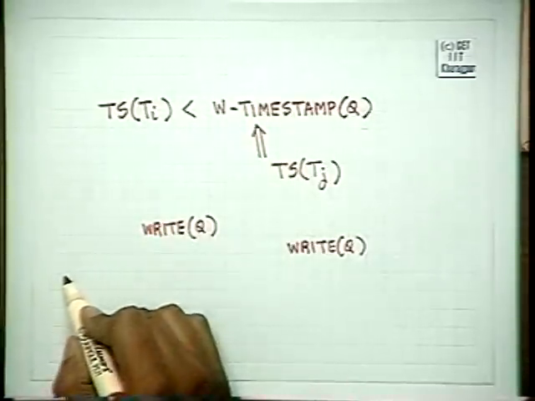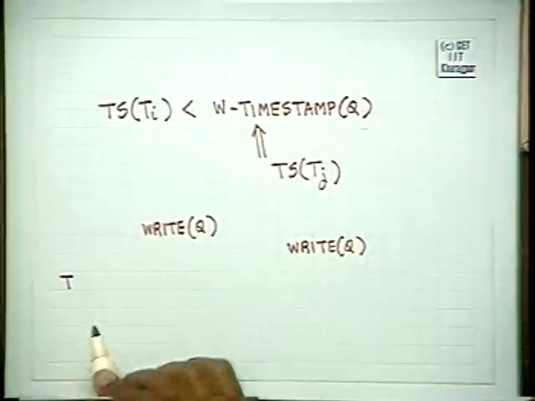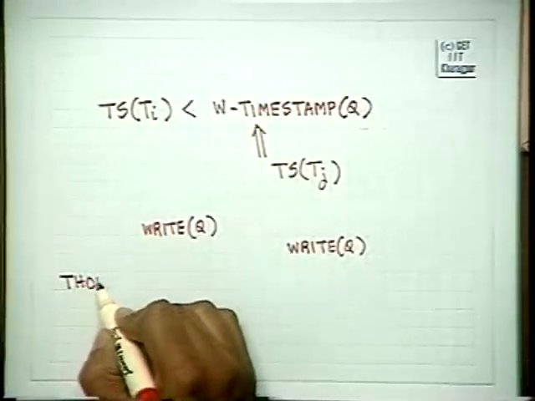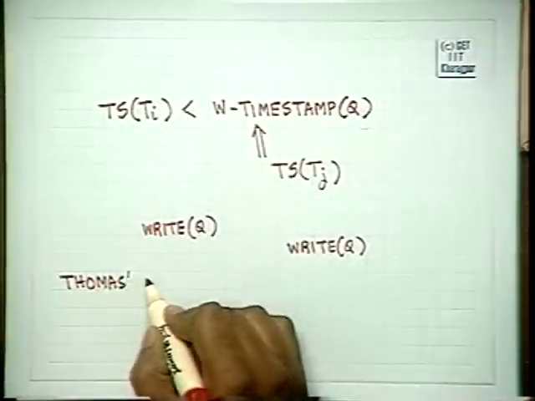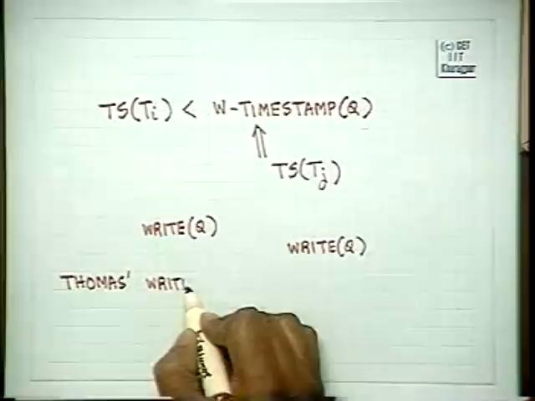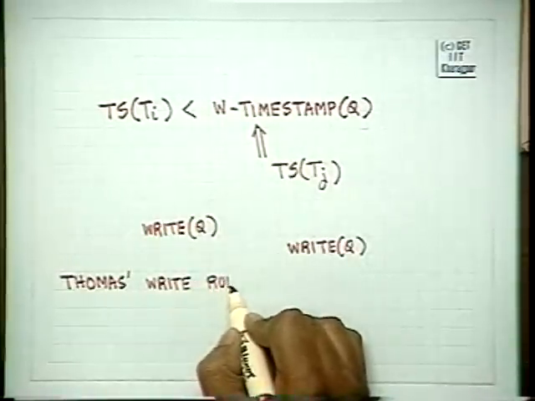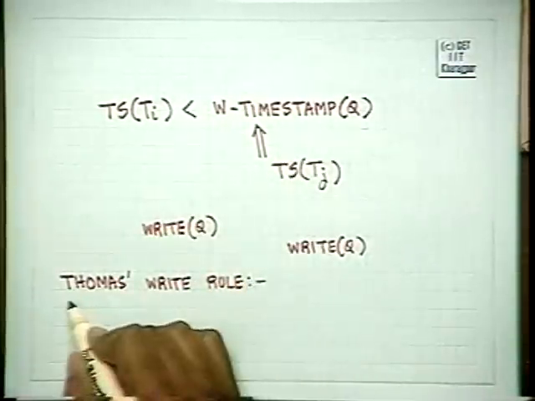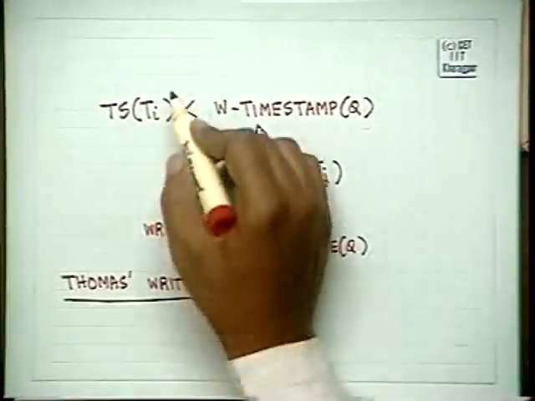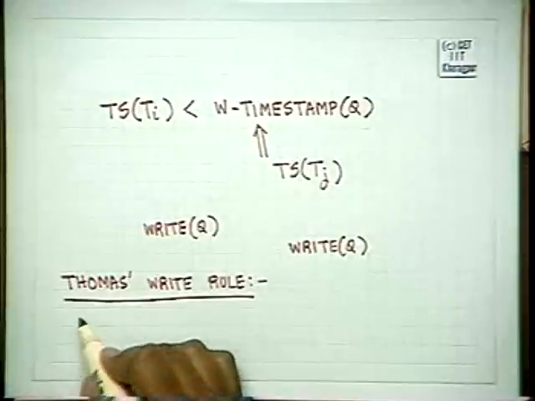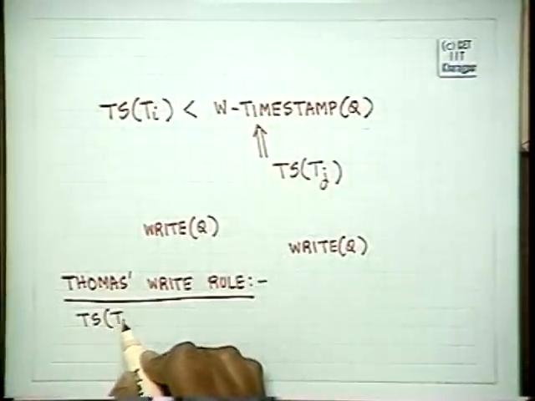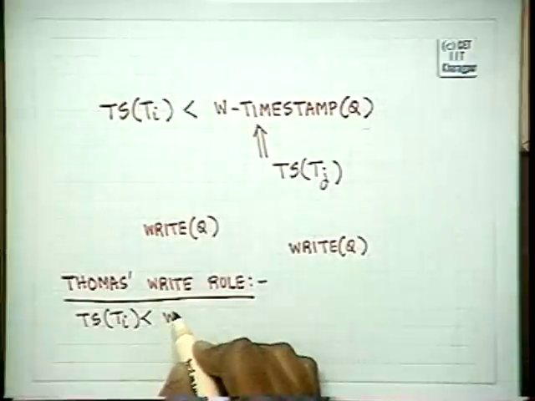So this is called a modification of the protocol. It's called Thomas's write rule. And it says that in this situation, the other situations are all identical.